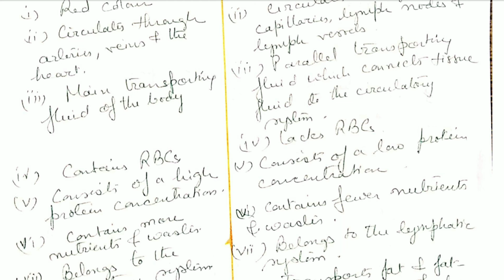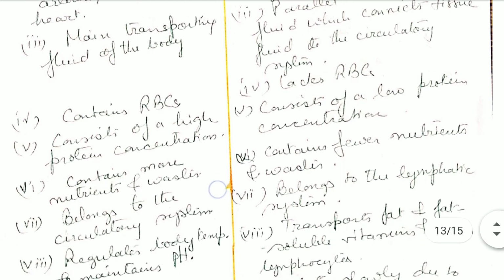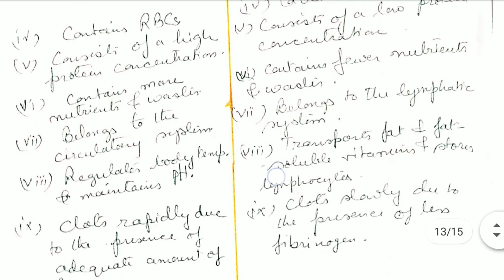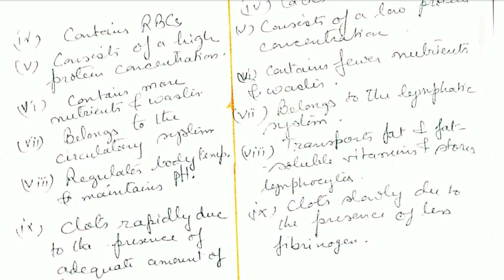Blood has a high protein concentration, whereas lymph has a low protein concentration. Blood contains more nutrients and waste, whereas lymph contains fewer nutrients and waste. Blood belongs to the circulatory system, whereas lymph belongs to the lymphatic system.